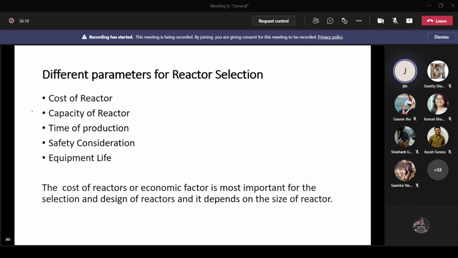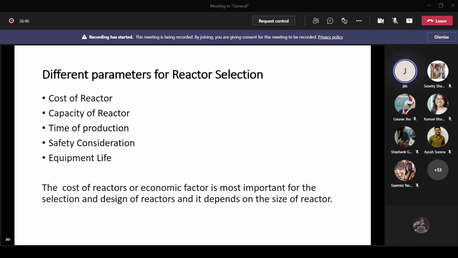All these parameters should be considered before selecting the reactor for a particular reaction. Among all these parameters, you will find mainly the cost of the reactor, or economic factor, is the most important parameter, or this should be considered first.